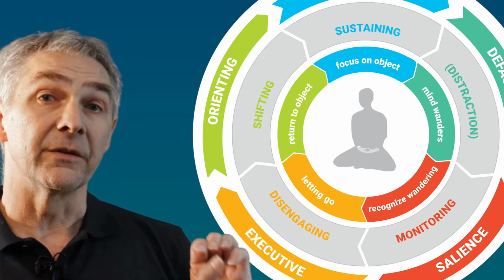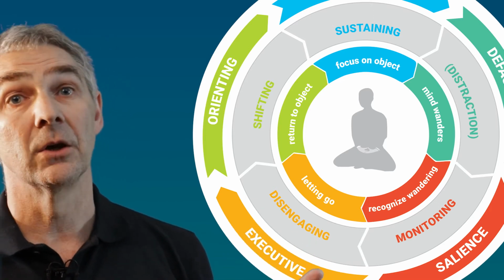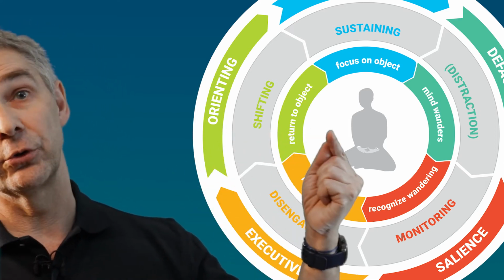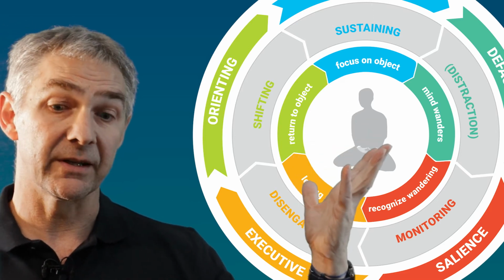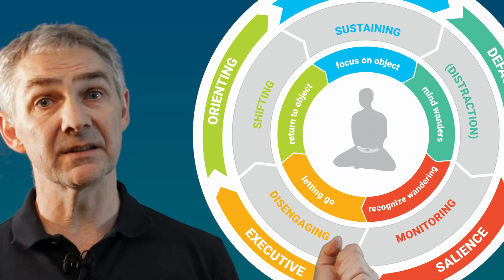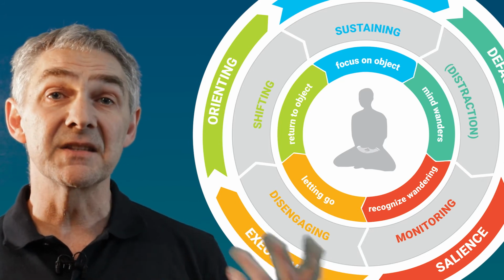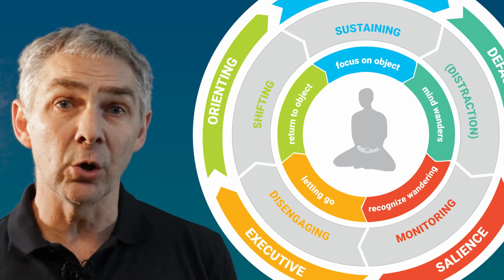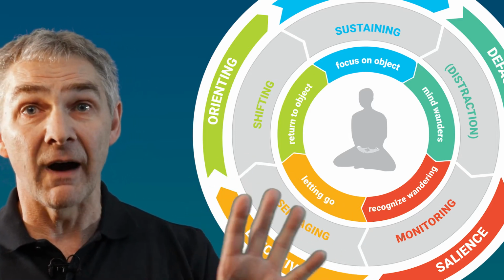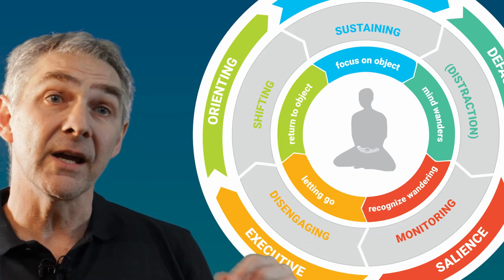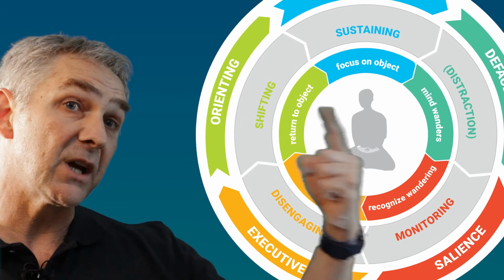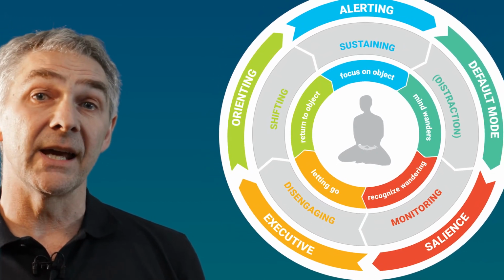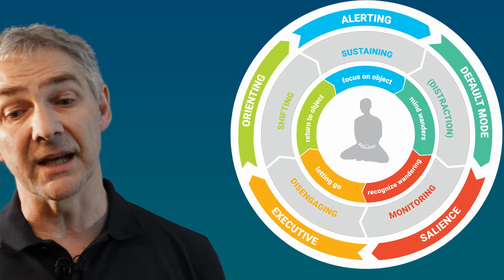And then the next function is the shifting of attention back to the object, back to the breath, let's say. Now, it gets even more interesting because from cognitive neuroscience, we know that these five steps or five cognitive functions, and there we come to the outer circle, are related to different brain networks.